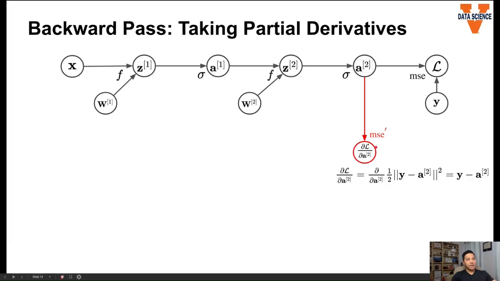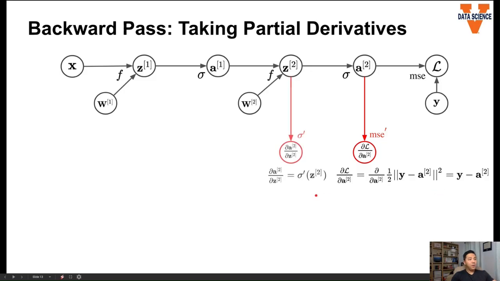By taking the partial derivative of L with respect to A2, I can see how A2 affects the loss function. You do some calculus here, and it's just the difference between the predicted value and the label, right?